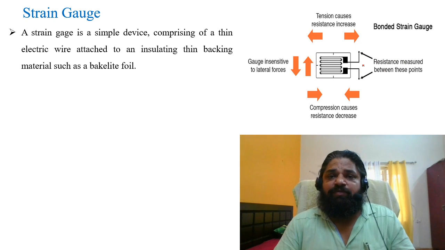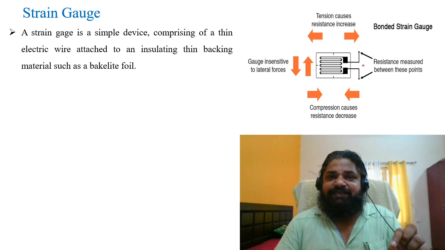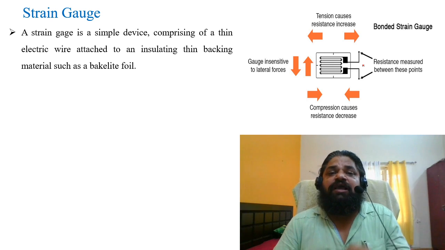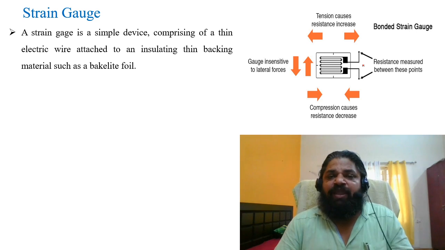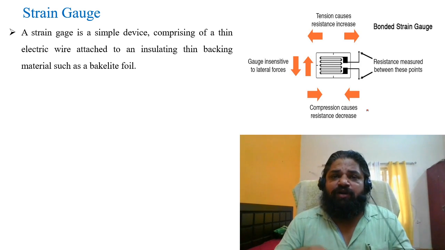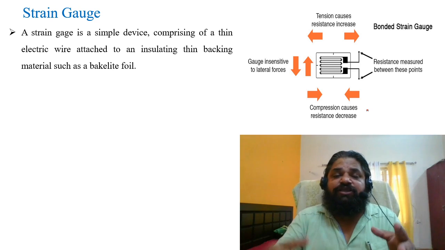Whatever strain occurs, there is either a mechanical strain gauge or an electrical strain gauge, and more precisely, the electrical strain gauge will give you the more precise value. A mechanical extensometer also gives the same, but today what we mostly use is this.